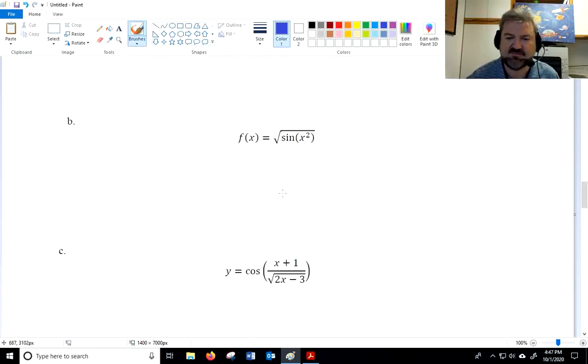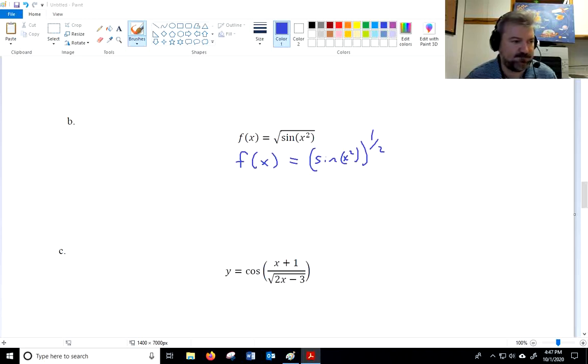All right, let's take a look at the next one. This next one's a little different. We have sine inside a square root. So I have the sine of x squared inside a square root. So on this one, we have f prime of x.